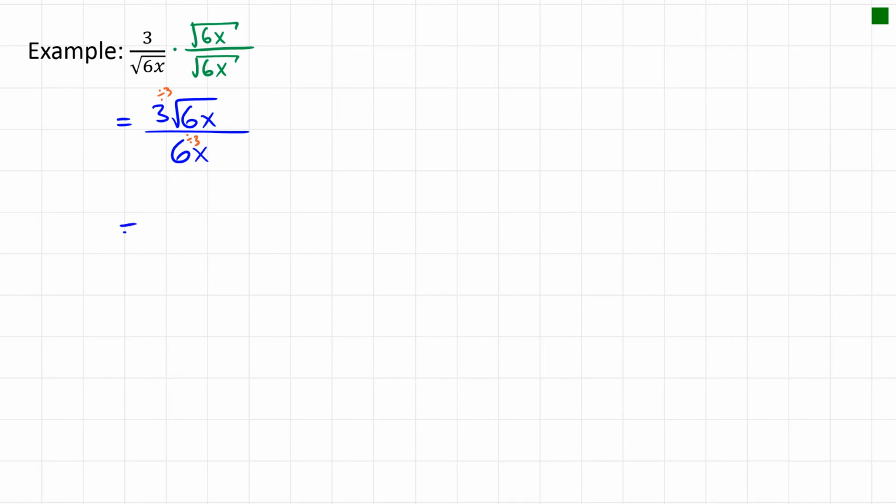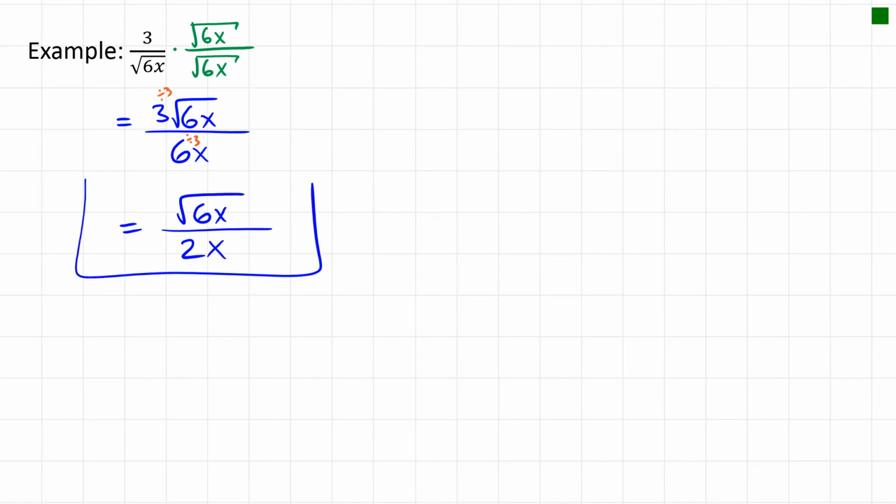So 3 divided by 3 is 1, so I have just left over 1 times the square root of 6x. And then in the denominator, 6 divided by 3 is 2. So I have 2x.